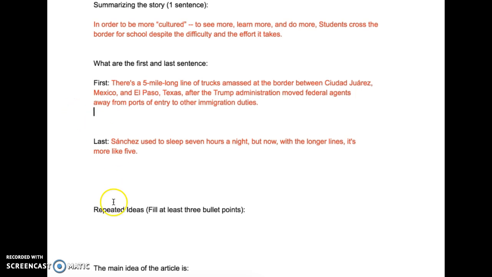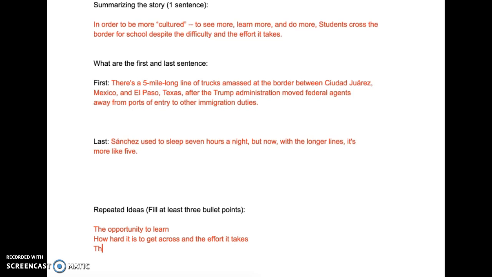We're on to repeated ideas. One of them was the opportunity to learn. Another was how hard it is for someone to get across, and the effort it takes.